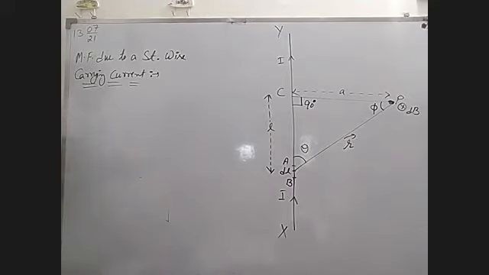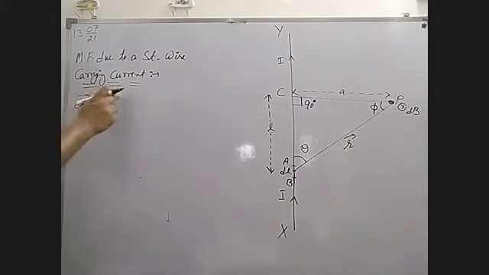Now, how can you determine the magnetic field? Applying the Biot-Savart law. dB is mu naught upon 4 pi.